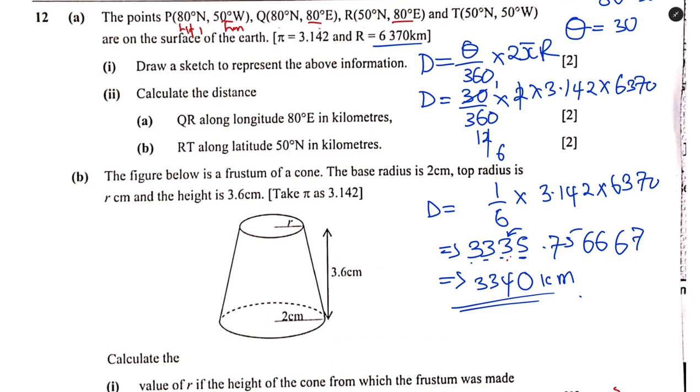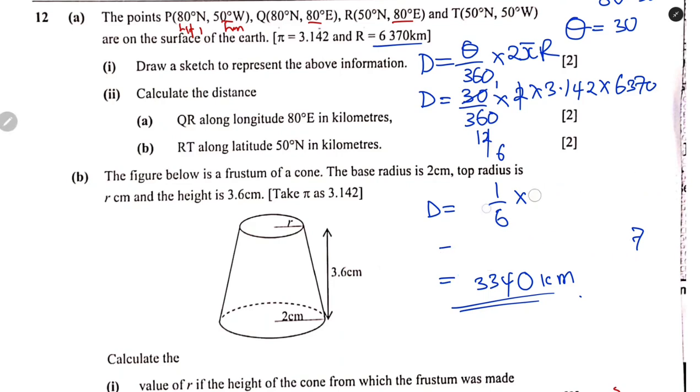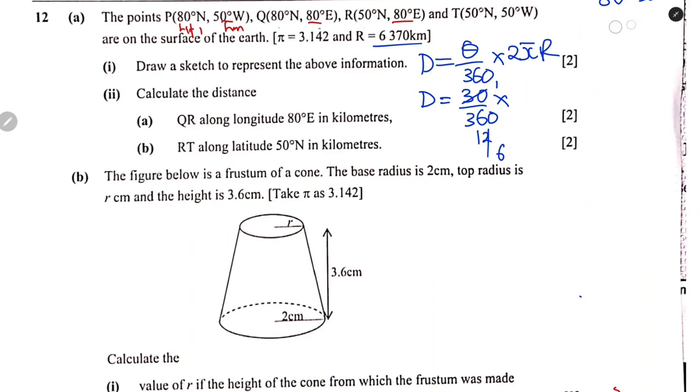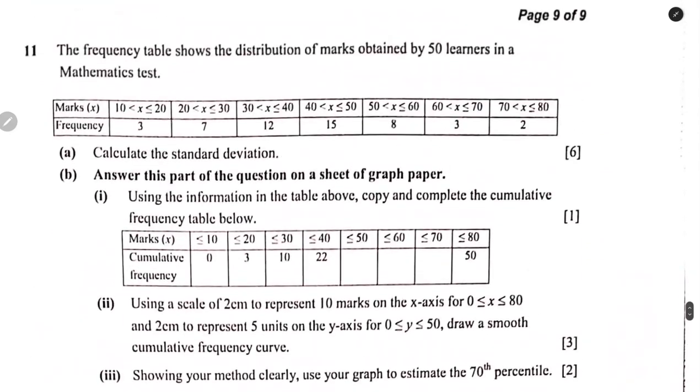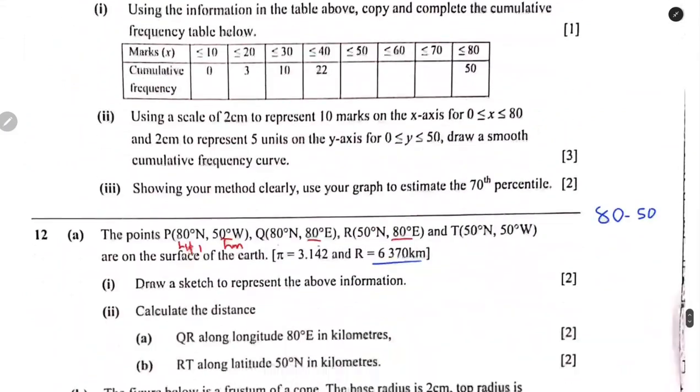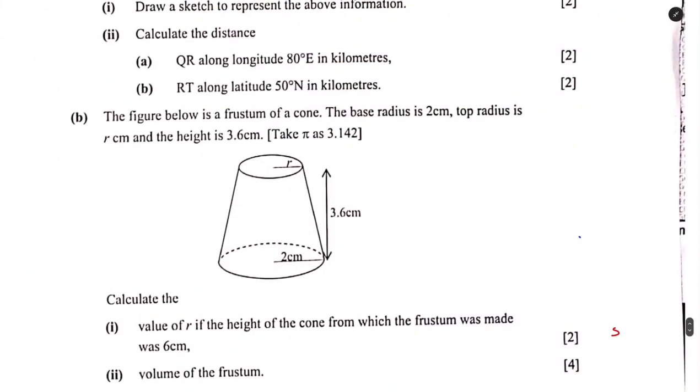Then let us find the distance for TR. So for TR, let me just go back to the diagram. Oh, we've cleaned it. Let me just try to bring it back.